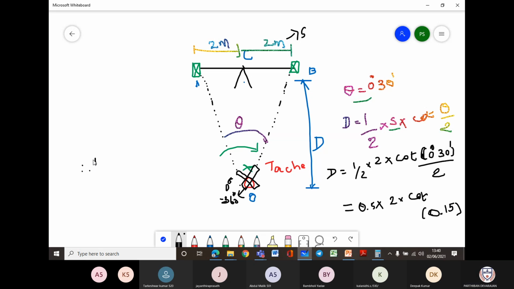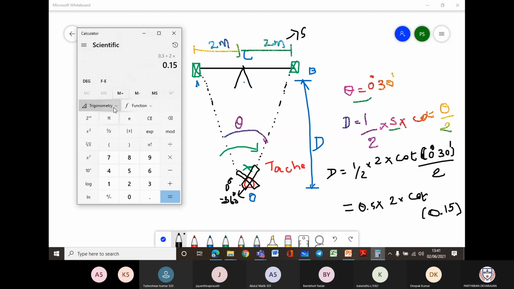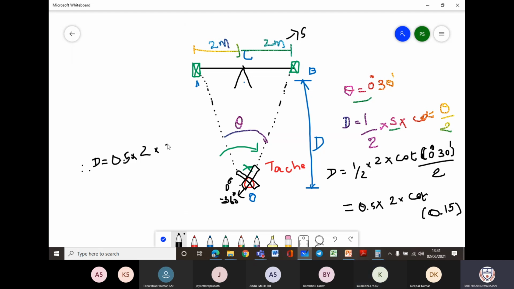Therefore, D is equal to 0.5 into 2 into cot 0.15. What is cot 0.15? It is 381.97.